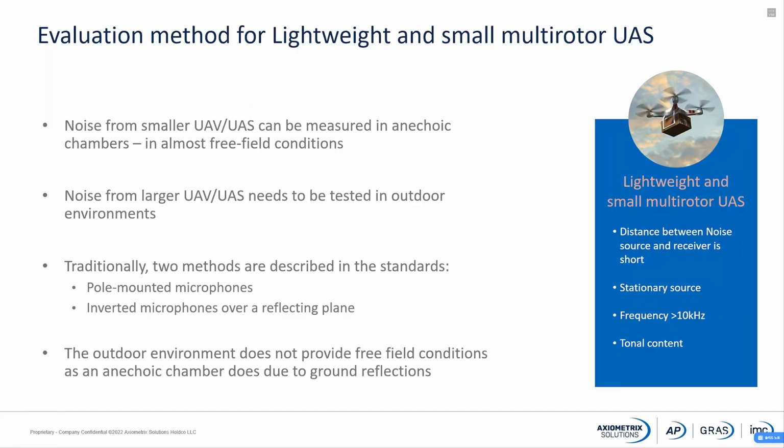The frequency range is over 10 kilohertz, which means that you can't really use the first method or the second method, and it has tonal content. So in order to make a good measurement for multi-rotor UAS, it is necessary to find a new or improved method of doing the measurements.